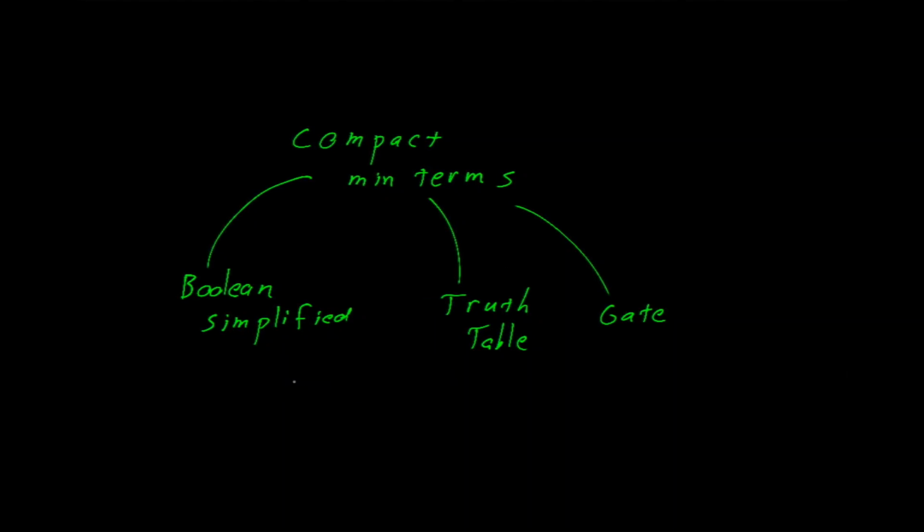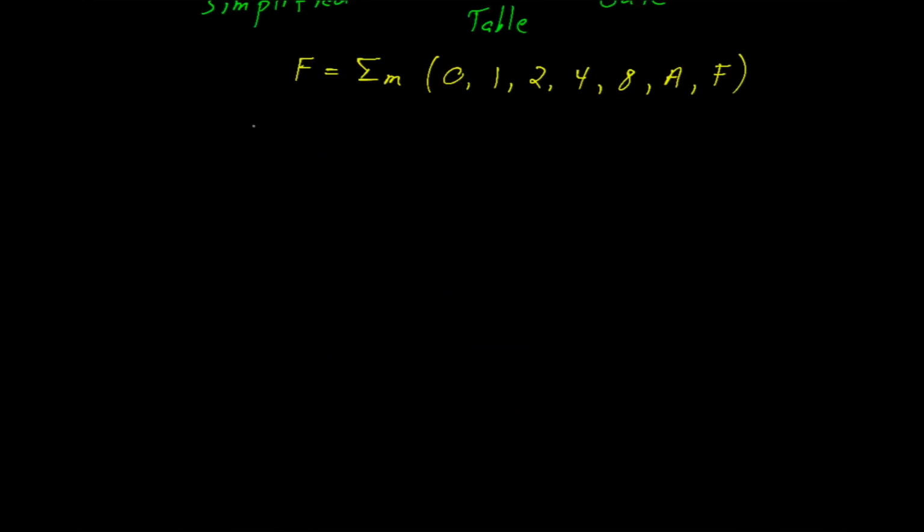For this example, let F equal the compact sum of minterms for 0, 1, 2, 4, 8, A, and F. We'll start with the truth table.